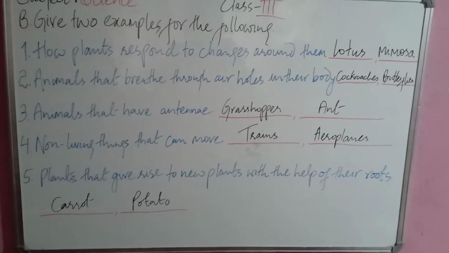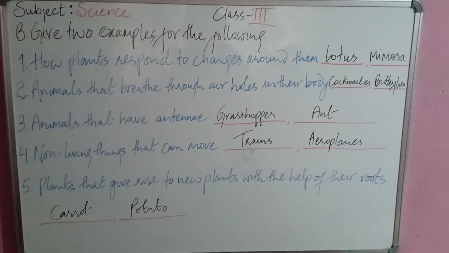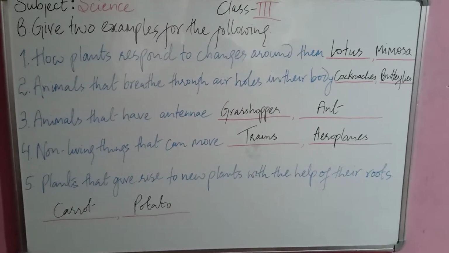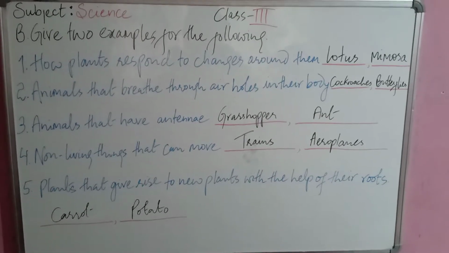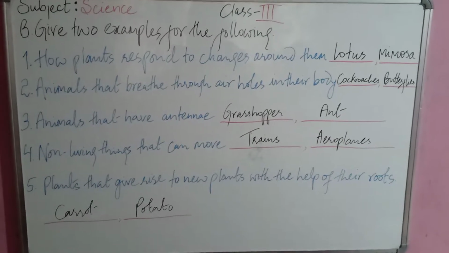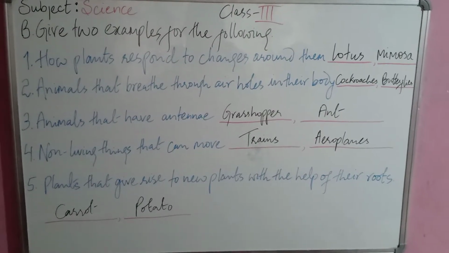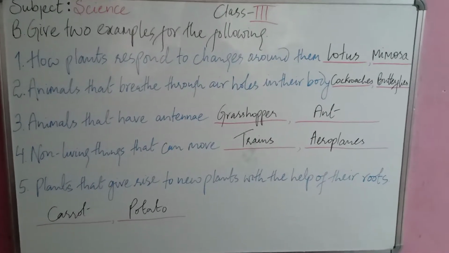Okay. After this, question number 2: animals that breathe through air holes in their body. You have to name 2 animals. It may be insects, so that will be your cockroaches and butterflies. Then we have question number 3: animals that have antenna. You have to write grasshopper and ant.